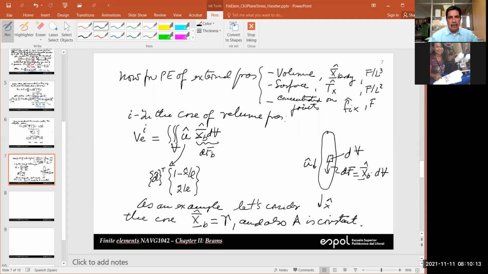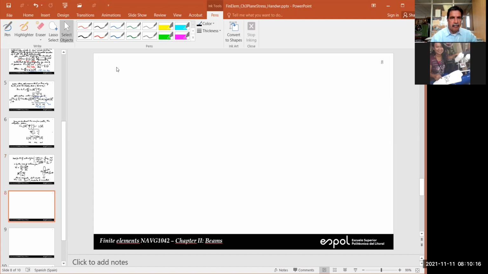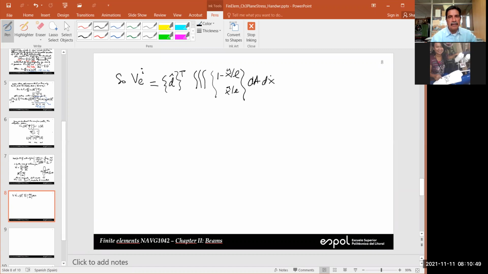So VE, the potential energy of the first type of forces in this specific case, is going to be equal to D transpose, and then we have the integration of 1 minus x over L, x over L, and then we have A, or dA, dx.